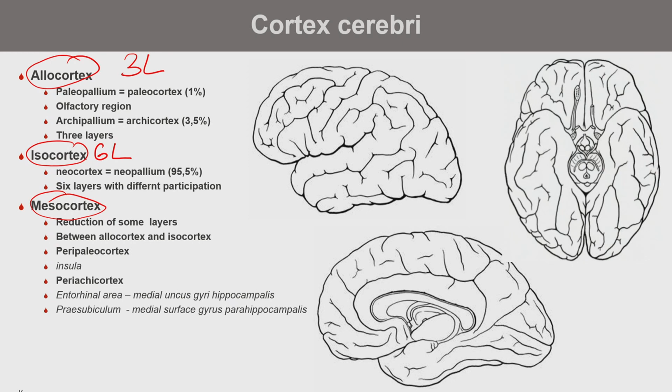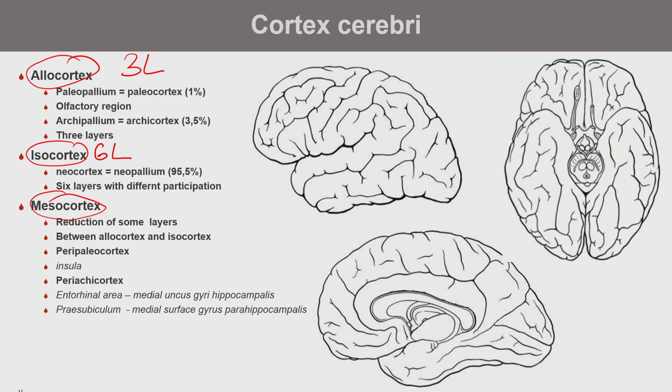The archaic parts, paleopallium or paleocortex and archipallium, they have only three layers, and the paleopallium is originally olfactory brain developing in all terrestrial quadrupeds, from amphibia to sauria to birds. And now in our brain it is not rudimental, but it's overgrowing the volume of the telencephalon, part neocerebral.